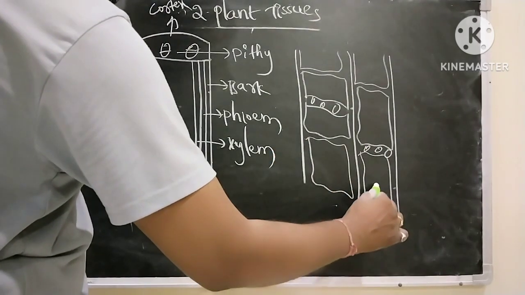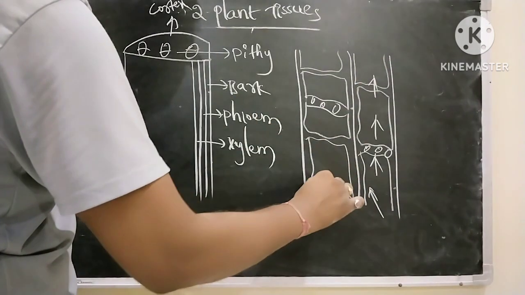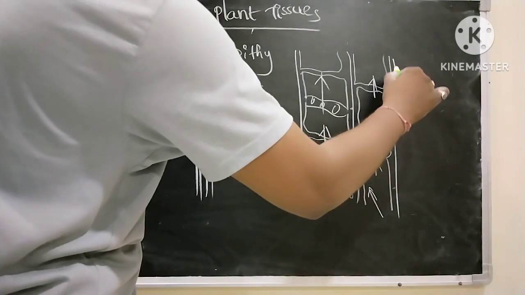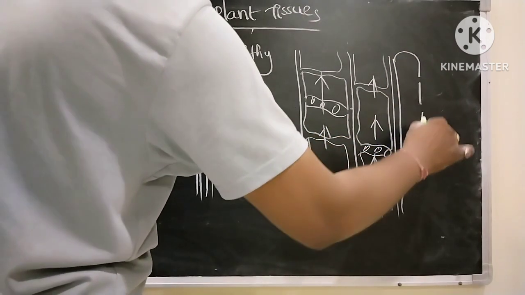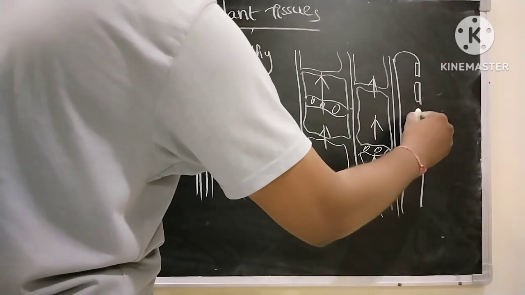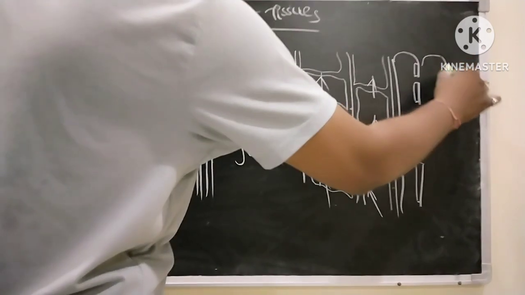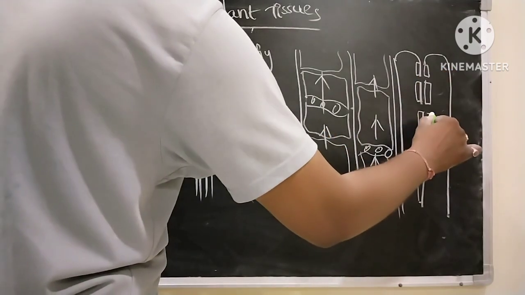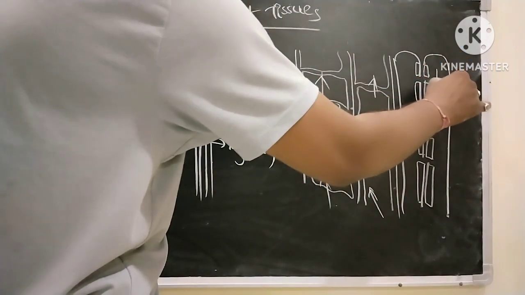Here the water is moving in xylem from bottom to top. Whereas in phloem, the food is moving from top to bottom.